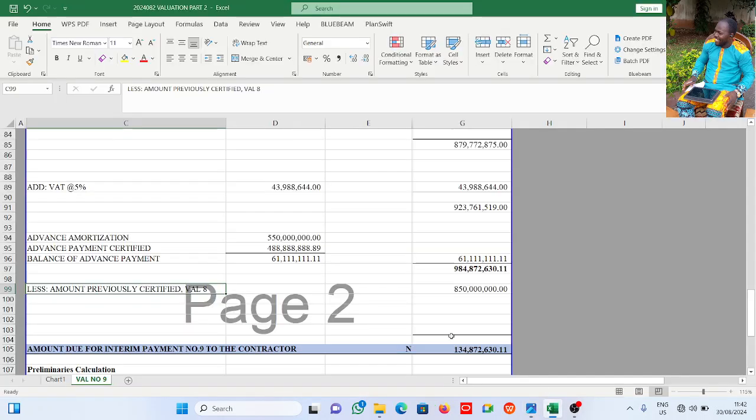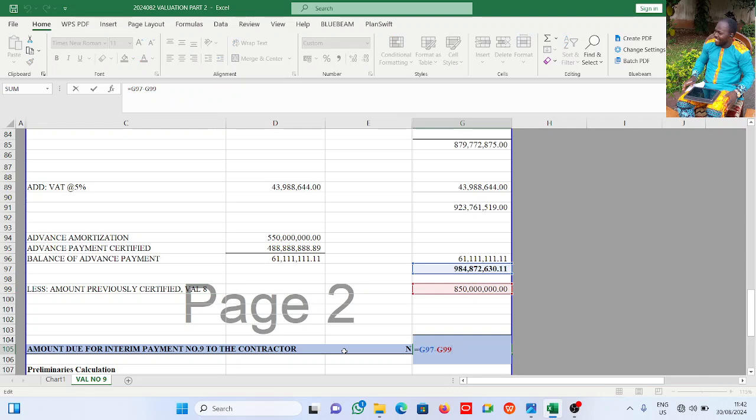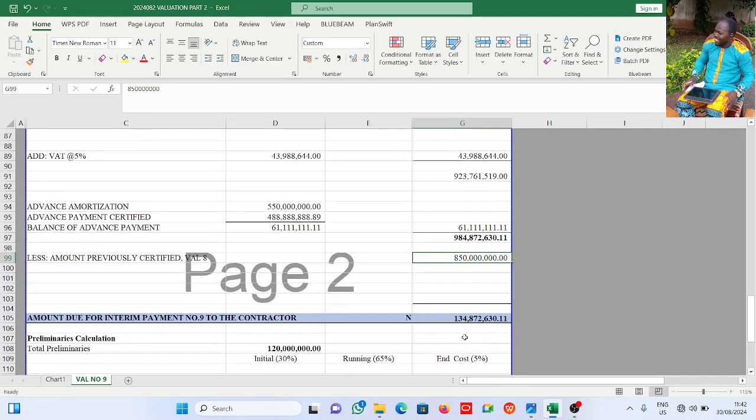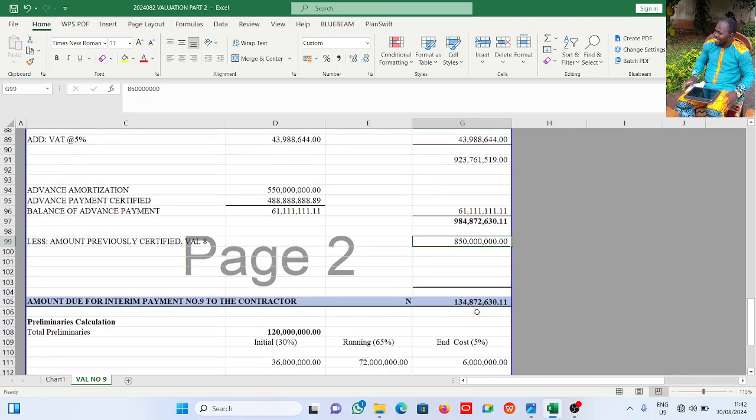So that has to be deducted to know what will be due to the contractor now. If we subtract this, that gives us 134,872,630 naira 11 kobo.